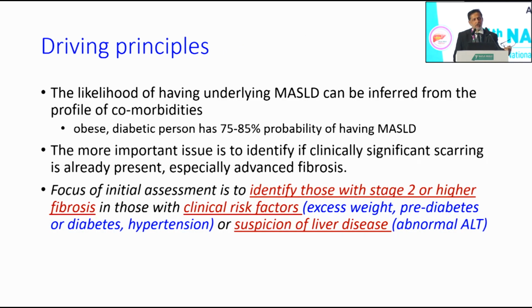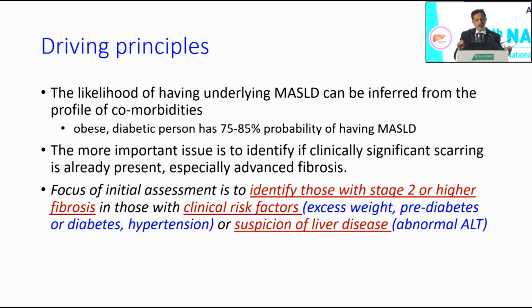So now we get into some of the science and the driving principles of how we think about this. The likelihood of having MASLD can be inferred from the profile of the comorbidities. So that's the first point to take home. An obese diabetic patient has a 75 to 85% probability that they have excess fat in their liver.